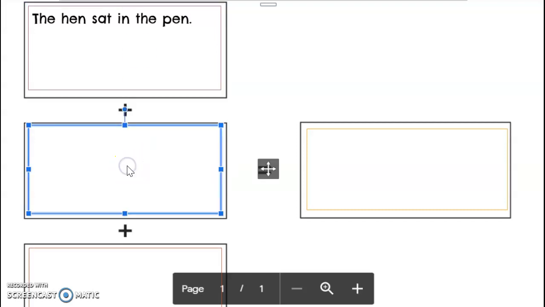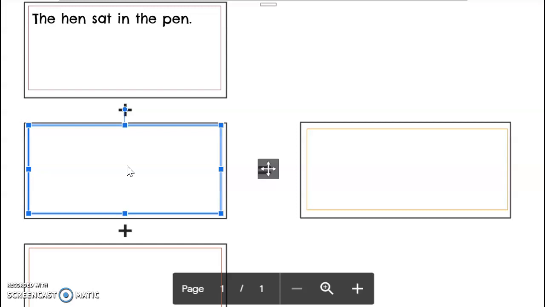All right, and so the next question is, what do you think was going on with the hen? Because Deb was feeding her, but was she eating? No, the hen was not eating.